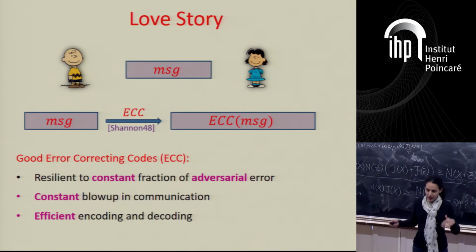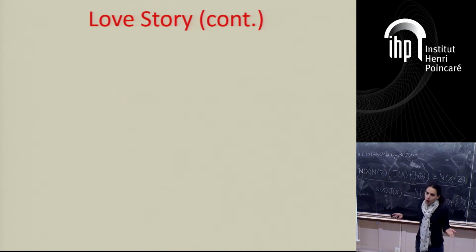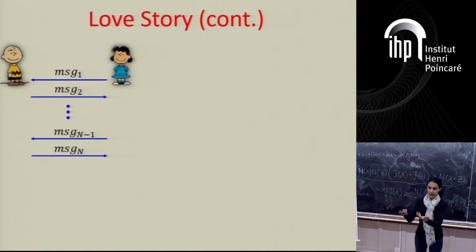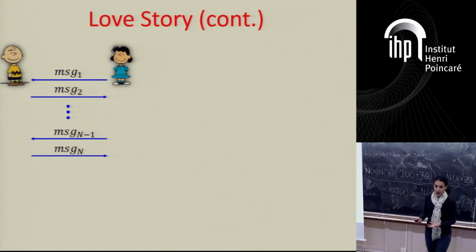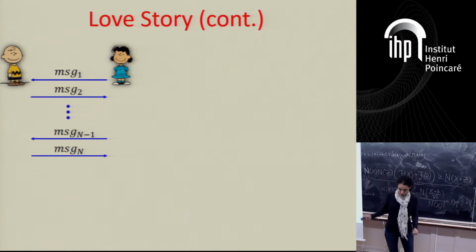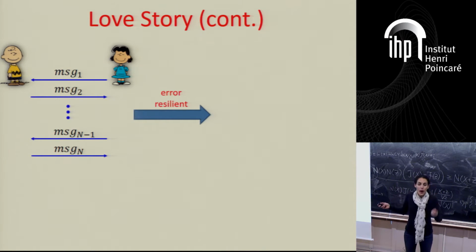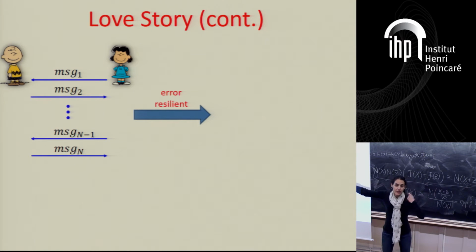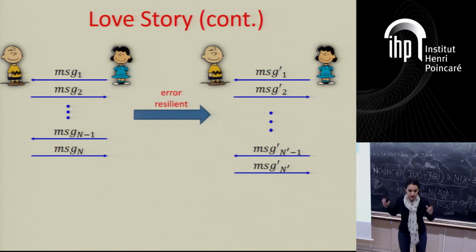Now we're going to our setting. We started with the love story. Hopefully, this love story continues, and Alice sends a love letter back to Bob. Hopefully this relationship goes on, and they talk for a long time. Now we want to be able to correct errors in this long conversation. So instead of talking in this protocol, we want to convert it into what's called an error-resilient protocol.